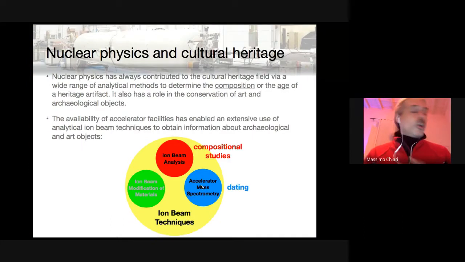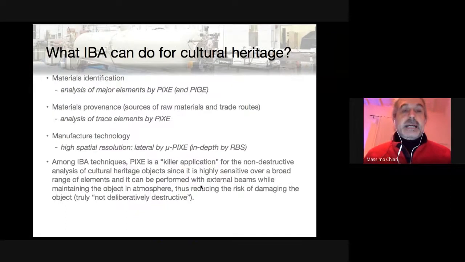Now, coming to the application to cultural heritage, you know that nuclear physics has helped cultural heritage many times. For example, accelerator mass spectrometry can be used for dating an object. Ion beam analysis can be used, for example, for compositional studies.